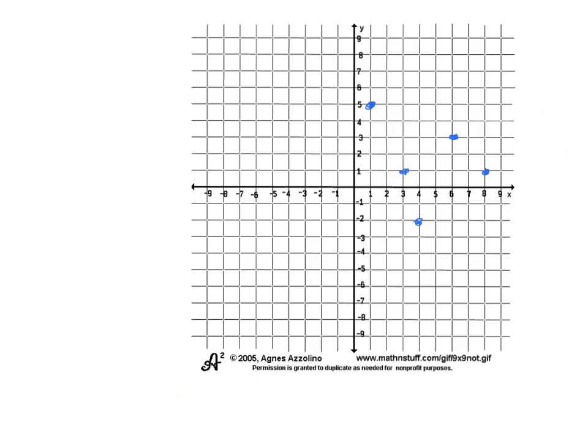How about this visual representation? Is this relation a function? You don't have to list all the points, but I'll do it for you. It's 1 with 5. Here's 3, 1. Here's 4, -2. 8, 1. And 6, 3.